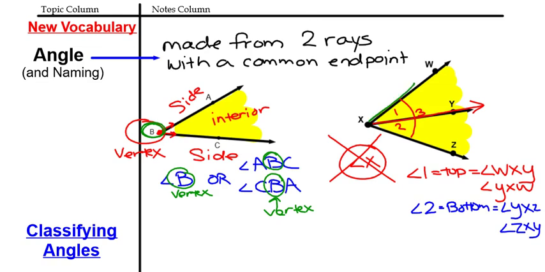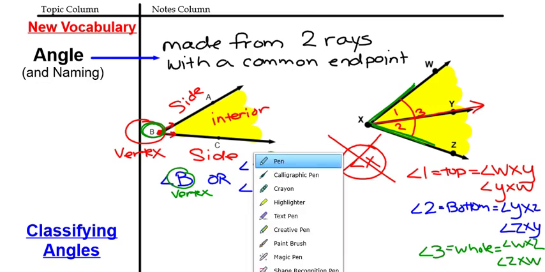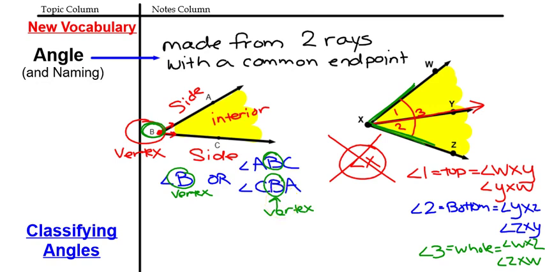And if you wanted to name the whole angle, all of it, angle 3, you could call that angle WXZ or angle ZXW. The one thing that I want you to notice on all of these angles is that the X is the middle letter in every single answer.